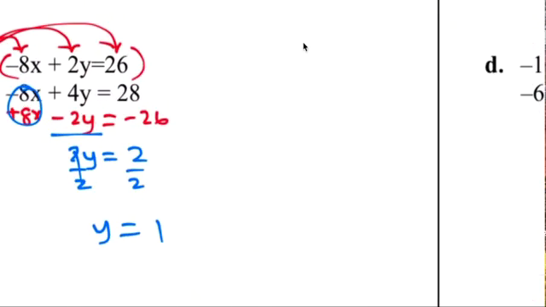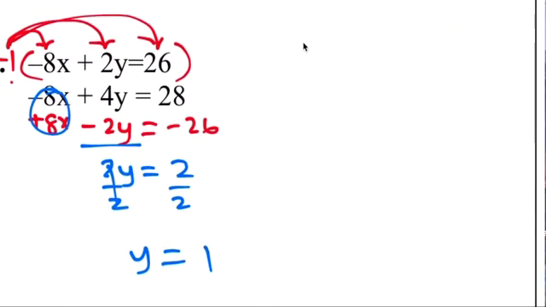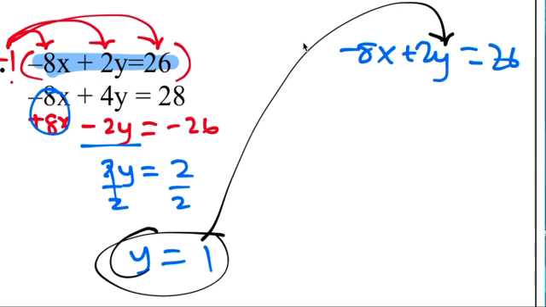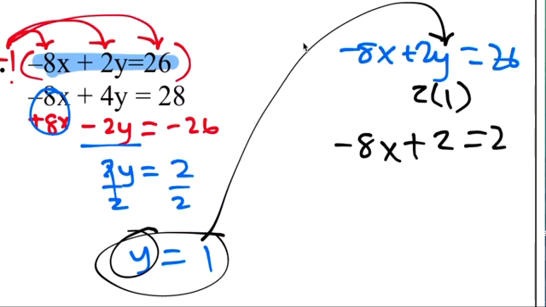And to find the first number, you have to figure out which one you want to save. We can do the top one. -8x plus 2y equals 26. Okay, and then you take this, put it into the y, because it says y here. 2 times 1, which is 2, -8x, plus a positive 2 and 26, minus 2.